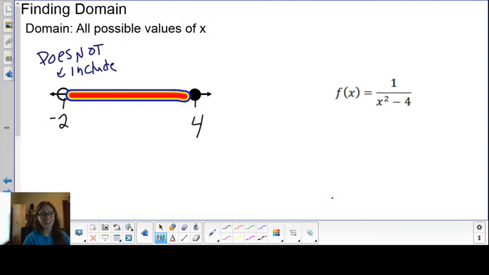A filled-in circle does include. And domain is always dealing with inputs, or whatever you're plugging in, and in 99.9% of the cases, your input, or whatever the variable you're dealing with, is x. So we're going to talk about this domain in terms of x.